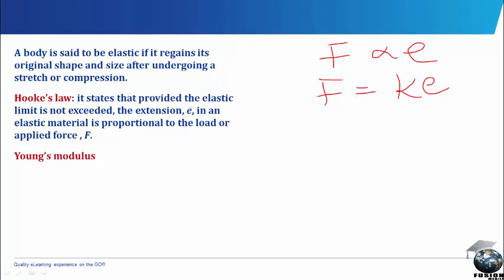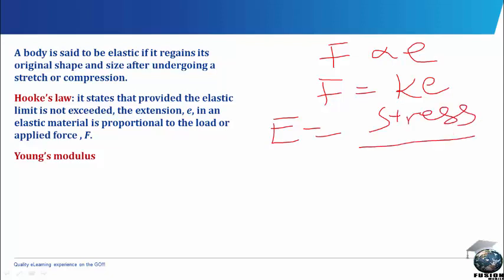Young modulus. This is the ratio of tensile stress to strain. Mathematically, Young modulus is sometimes represented with E and sometimes with Y, but I would like us to work with E. That means E is equal to tensile stress divided by tensile strain.